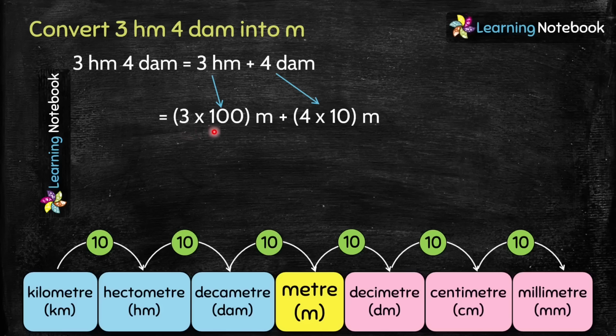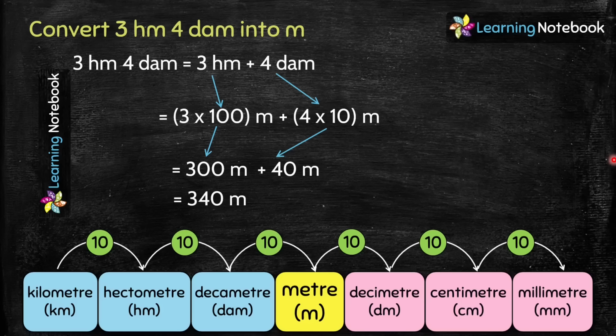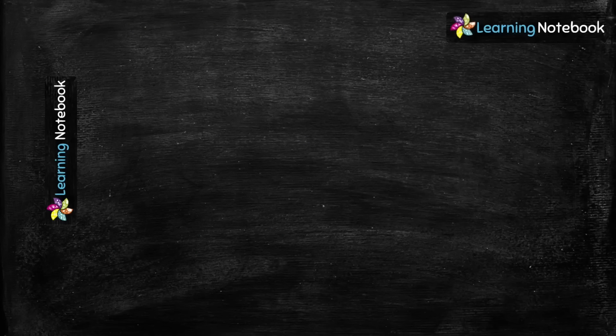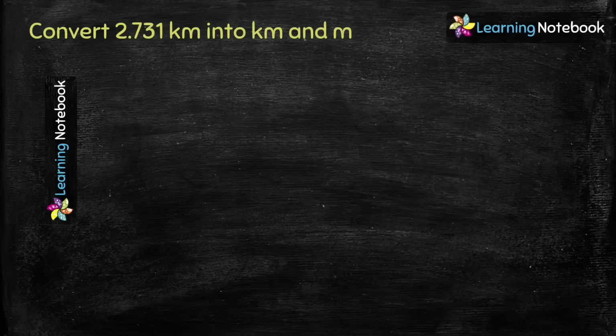Now let's solve them. 3 into 100 equal to 300 and 4 into 10 equal to 40. Add these two numbers and we get the answer as 340 meters. Let's do the next question.